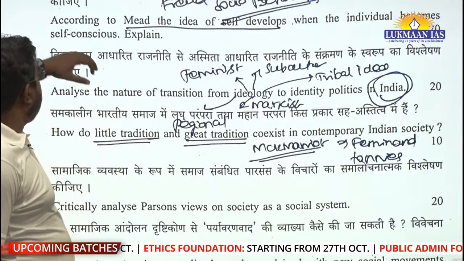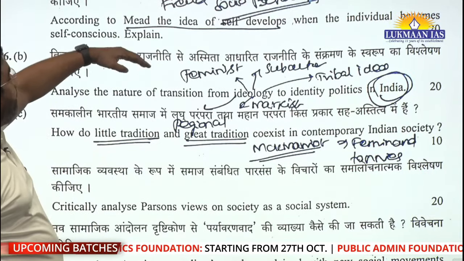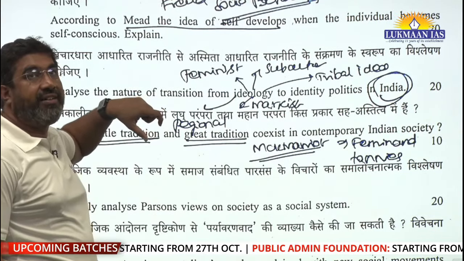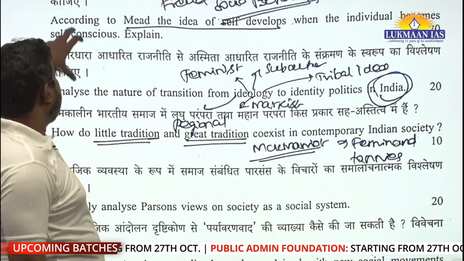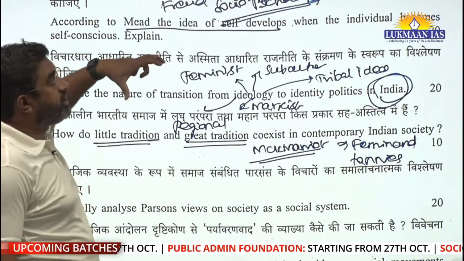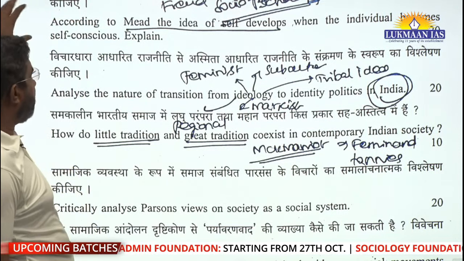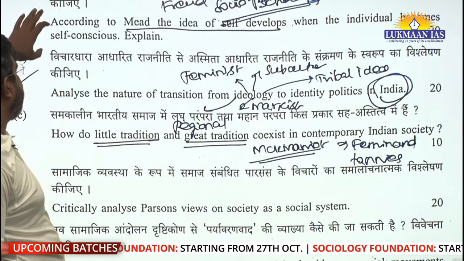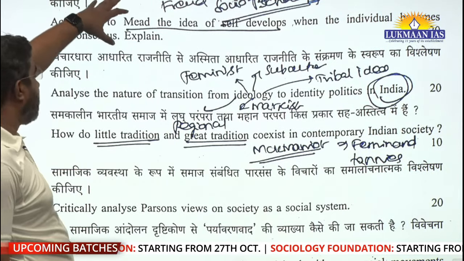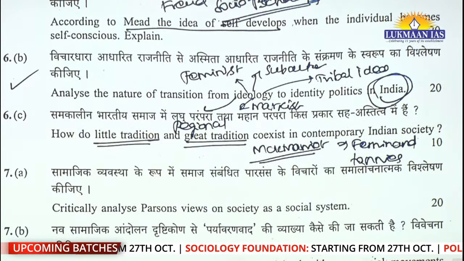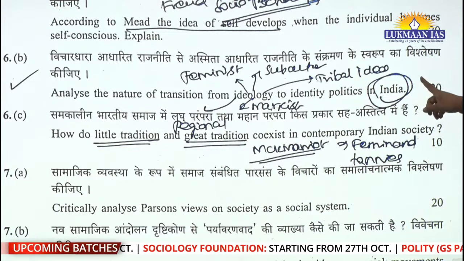But he is saying that the idea of self develops when the individual becomes self-conscious. So you see that again it is trying to check the concept. Though it is a very straightforward question, I believe most of the students have material on it, but it remains a very straightforward question.